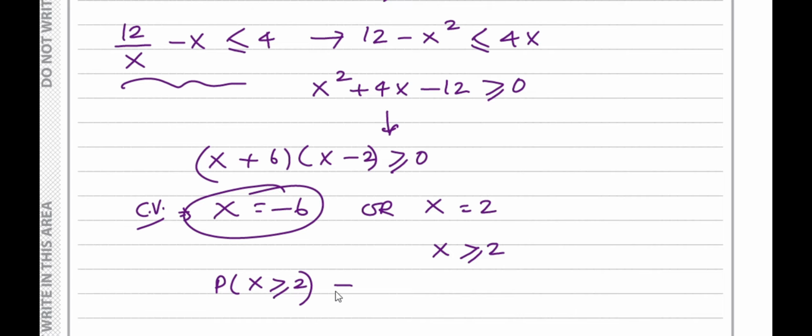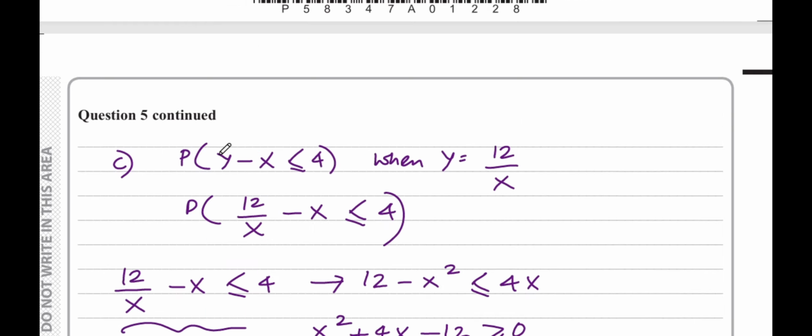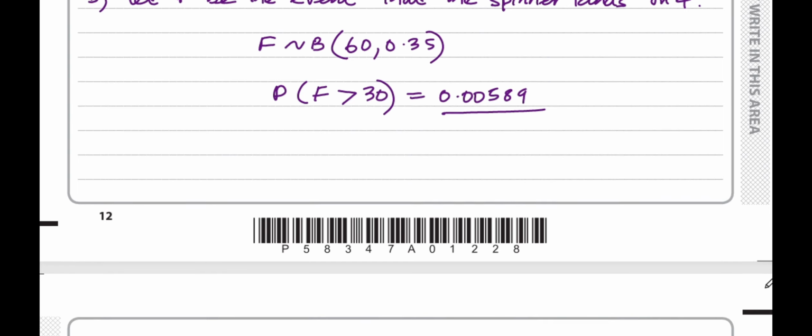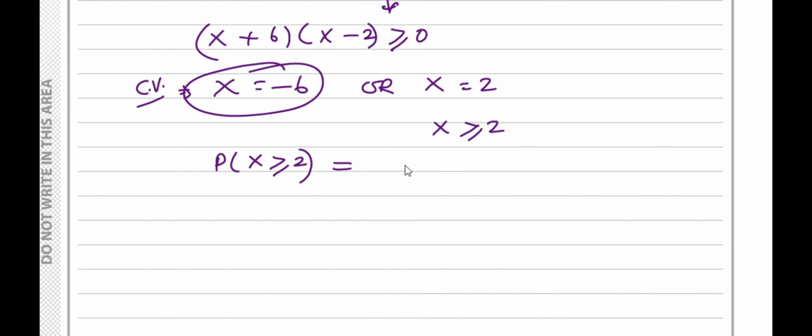Okay, so that is equal to, look at the probability distribution. 2 is 0.35, 3 is 0.15, 4 is 0.35. Just add the 3. So 0.7 plus 0.15 is 0.85. So you can say 0.35 plus 0.15 plus 0.35 is equal to 0.85. That's it.